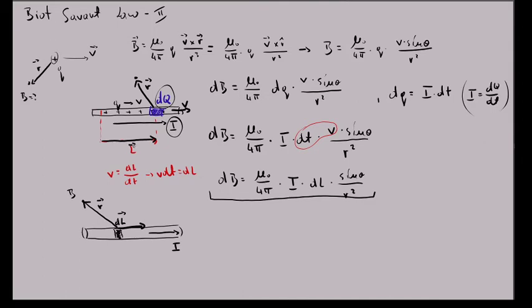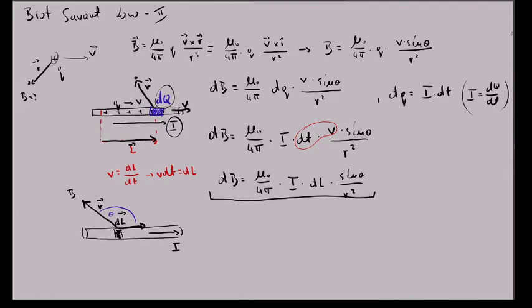So here's dl, it points to the right, and here's r, it points this way. The angle theta is the angle between the two.